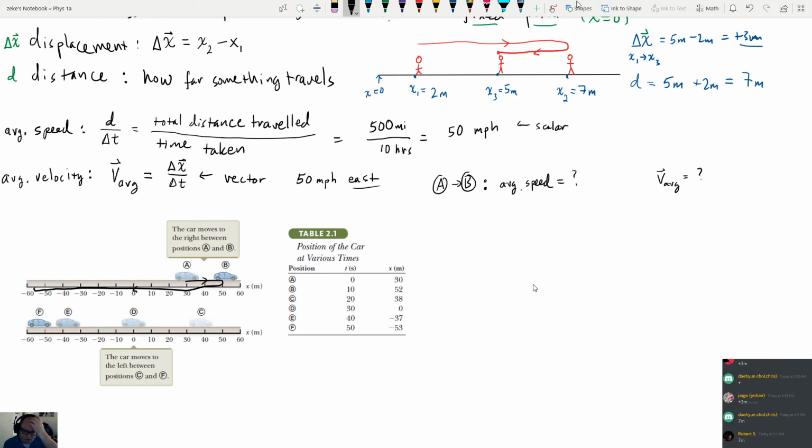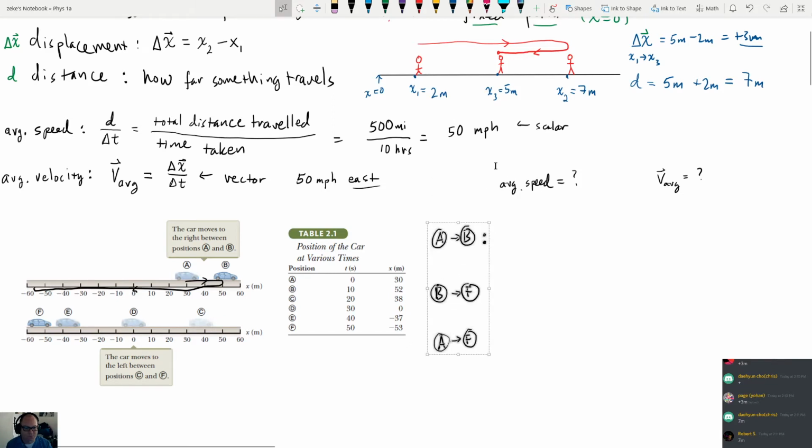And we're going to do the same thing from B to F. Probably leave a little bit of room. And then we're going to do the same thing from A to F for the whole trip, basically. We want to calculate the average speed and the average velocity. Let's just make a little table right here. Let's shift these down just a little bit. So we want to find average speed and average velocity for each of these different time intervals here. Make a little grid here.